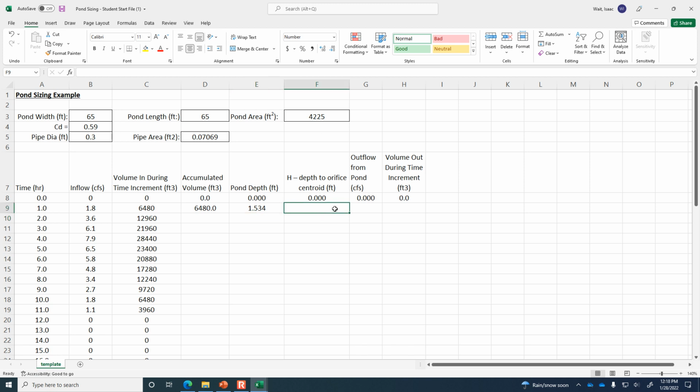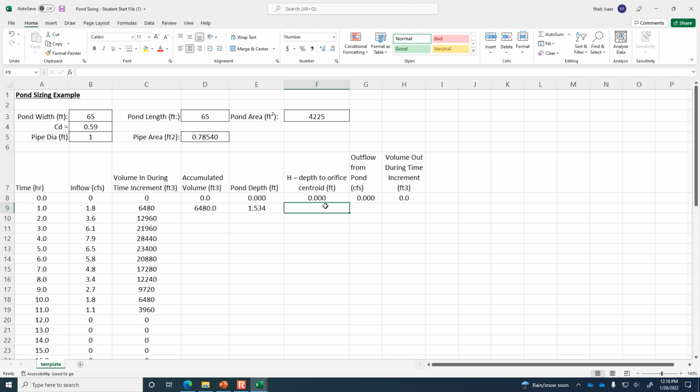And the depth to the centroid. By the way, let's change this from a 0.3 foot diameter to a 1 foot diameter, because before, remember, it was in meters. So let's change the pipe to say it's a 12-inch pipe, 1 foot in diameter. So H, just to refresh your memory how that works, we have the bottom of our pond, and then there's a pipe where the water is flowing through the pipe, and H is the distance from the centroid of the pipe up to the water surface, where this is the depth.